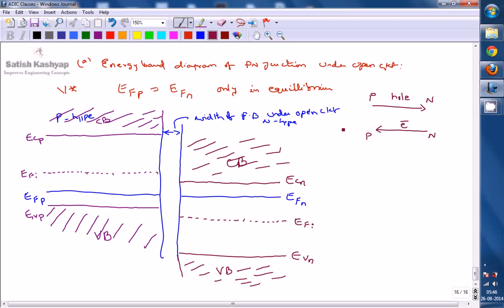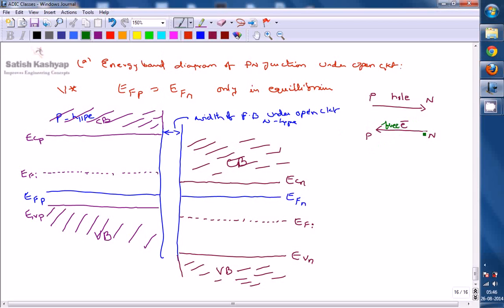So what is the meaning of an electron moving from N to P side? If you understand this meaning, it is very easy to define the height of the potential barrier. The meaning of an electron is always a free electron. A free electron is always present in the conduction band only. It is not present in any other places.